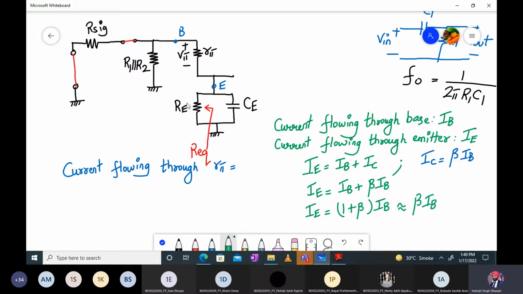So are you understanding? The current flowing over here through the RE resistance is IE. The current flowing through R pi is IB, but I want to represent it in the form of IE current.